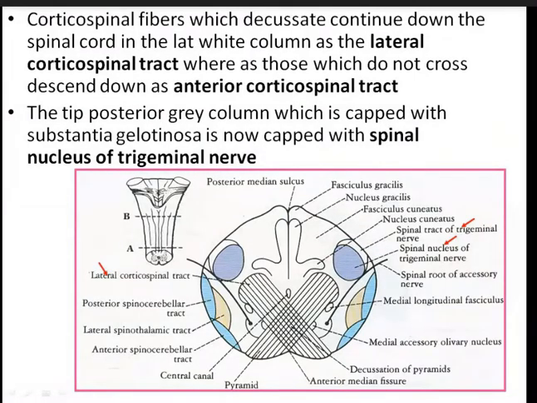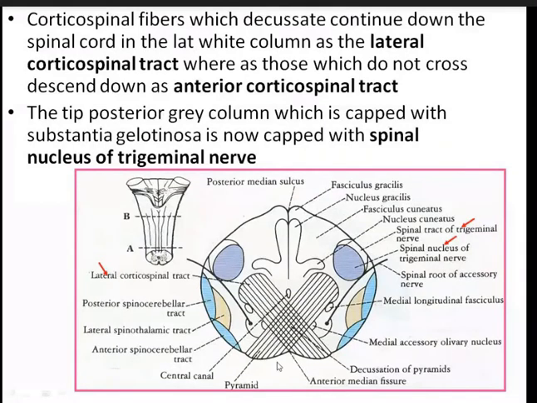So the corticospinal fibers which decussate continue down the spinal cord in the lateral white column as the lateral corticospinal tract. This one is the lateral corticospinal tract, whereas those which do not cross continue downward as the anterior corticospinal tract.